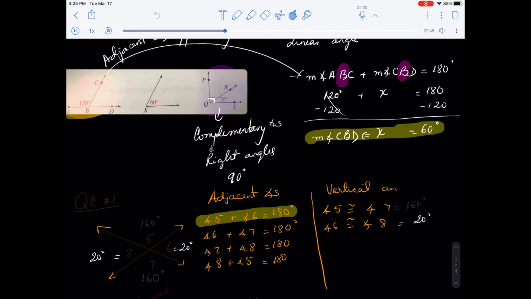Remember, they are adjacent and form a straight line, so they're supplementary to each other. Therefore, angle 5 is 160 degrees. If angle 5 is 160 degrees and it's vertical with angle 7, that also gives 160 degrees.